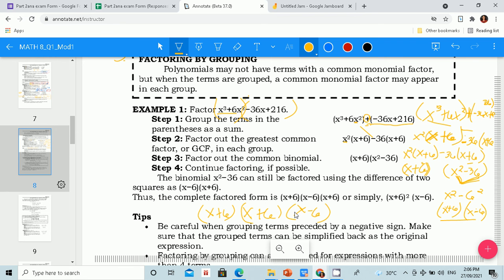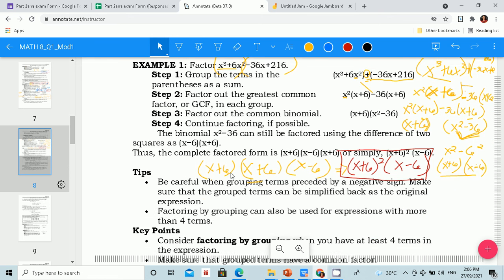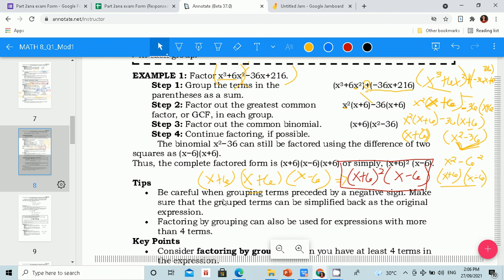But this time, x plus 6 times x plus 6 is x plus 6 squared. That's when we can use the square. So this is our final factor. Copy that one, class.